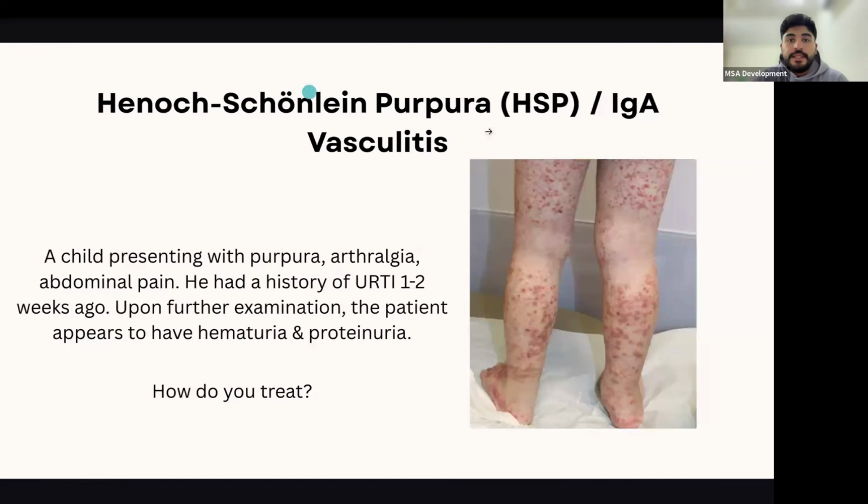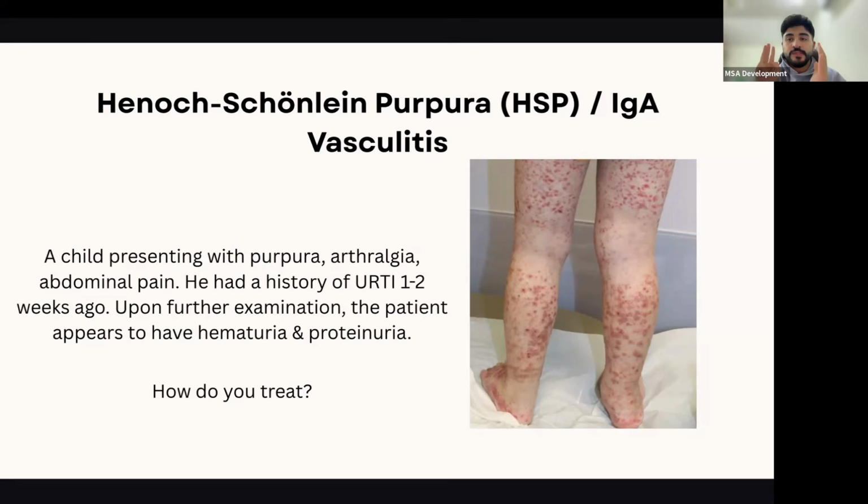Now, this is a very, very, very common clinical scenario that's going to come to you. A child who presents to you with palpable purpura, joint pain, abdominal pain. This is the triad. Okay, and I added this extra info so it will make sure that everything is inclusive and highlighted. But this is the very common triad.